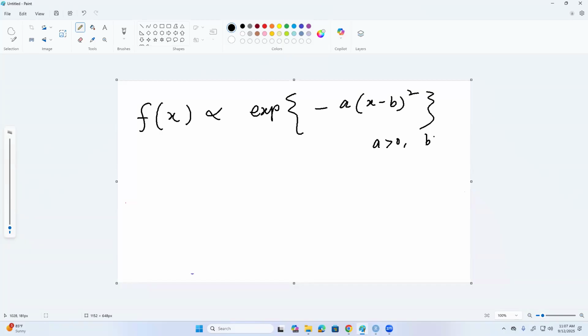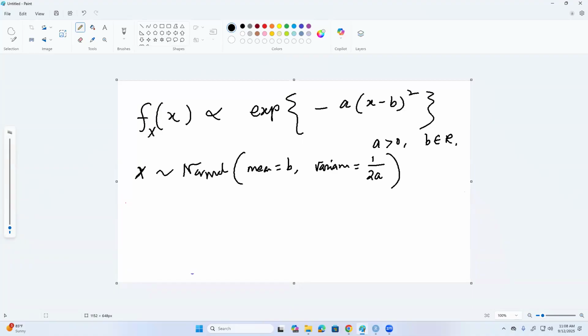Normal distribution has this general structure. If you have a density of the form e to the power minus (ax minus b) squared, with a positive and b on the real line, that means the random variable x follows a normal distribution with mean parameter equal to b and variance equal to 1/2a.